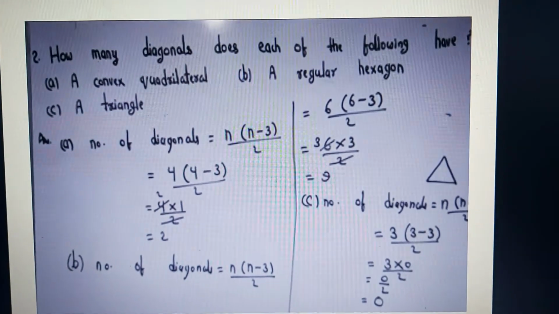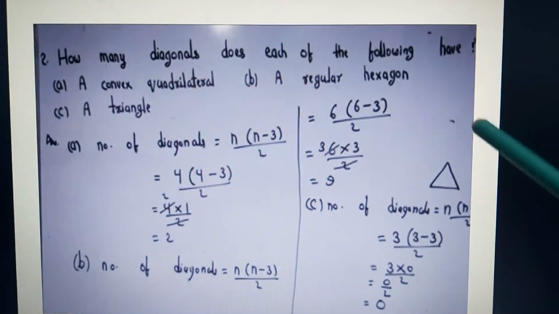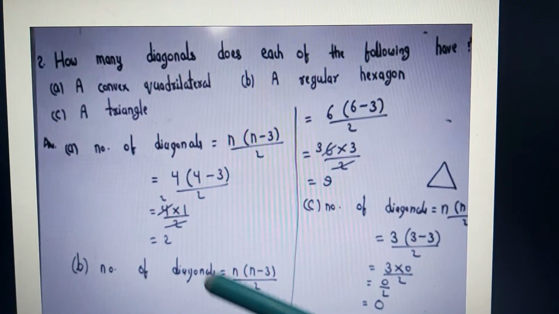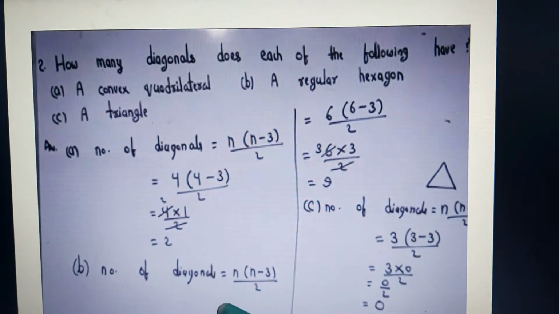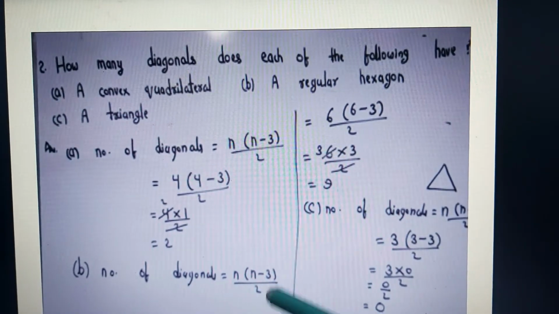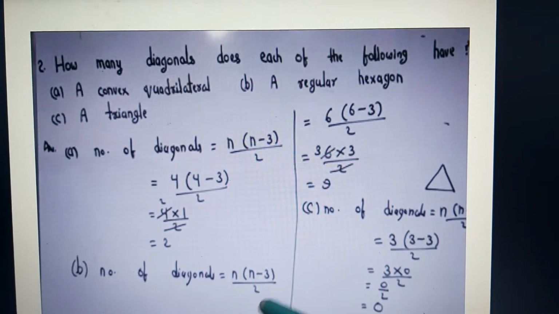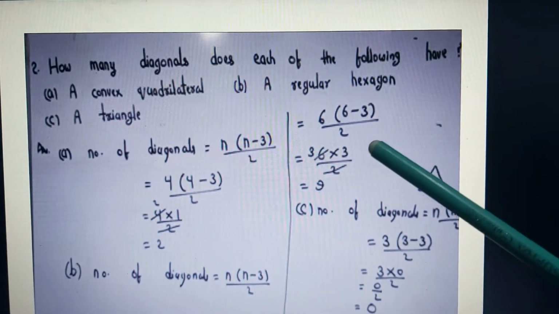Now see the next one, a regular hexagon. As you know, a hexagon has 6 sides. So the number of diagonals is n(n minus 3) divided by 2, where n is the number of sides. In place of n we put 6.